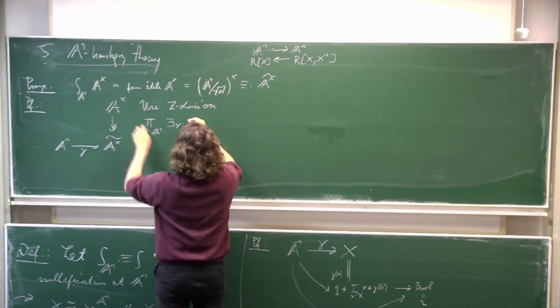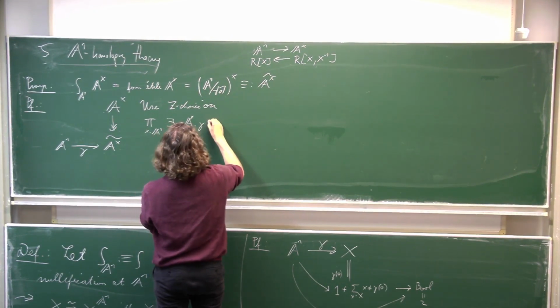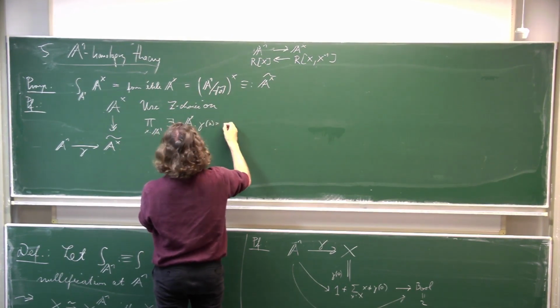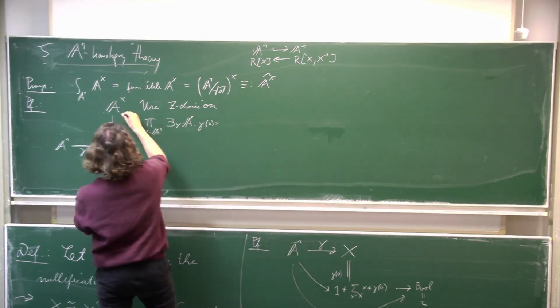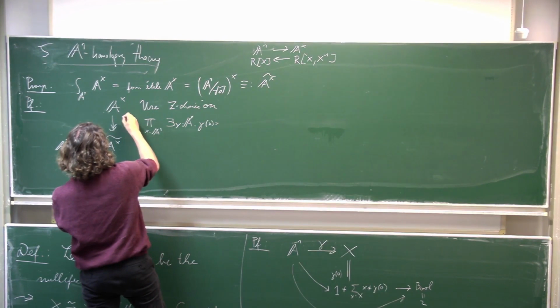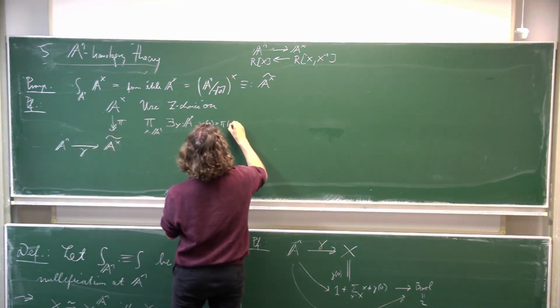So a y in A, such that gamma of x equals the modal replacement of y. Maybe let's call it pi of y.